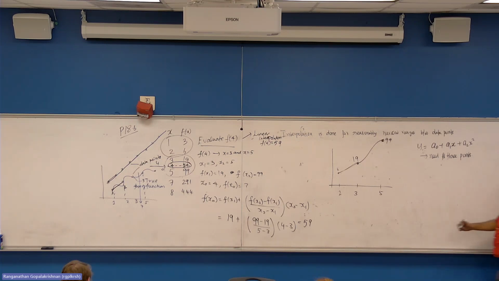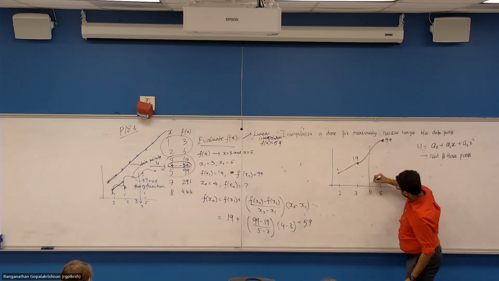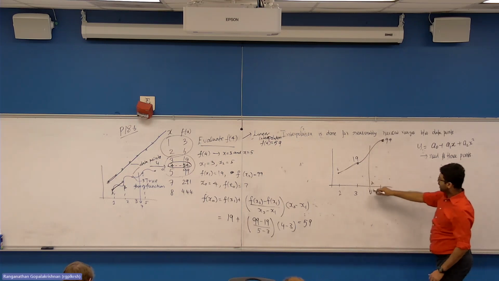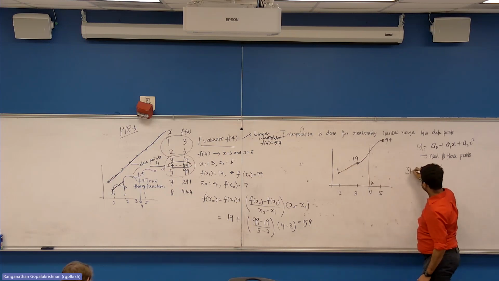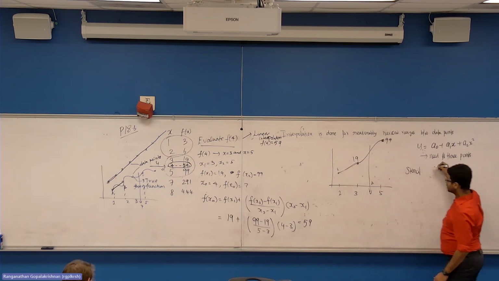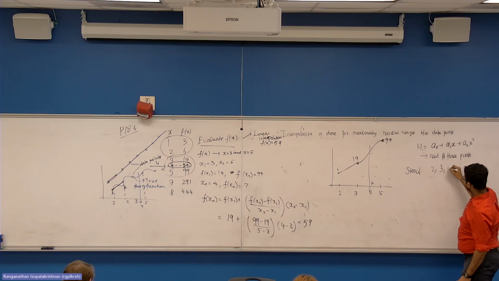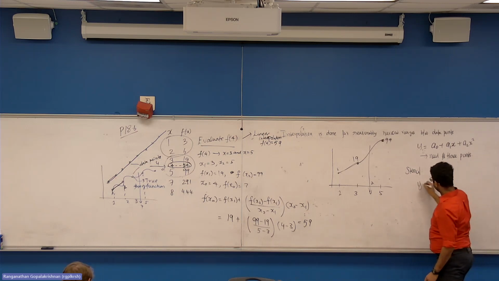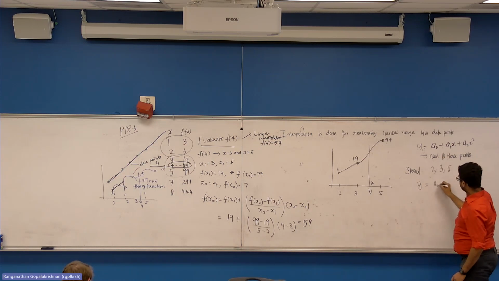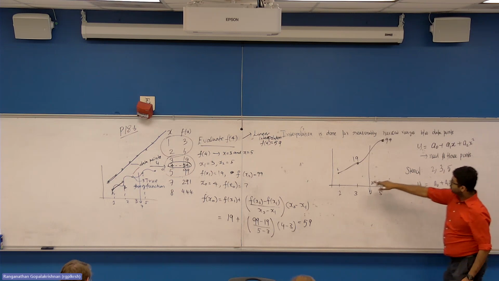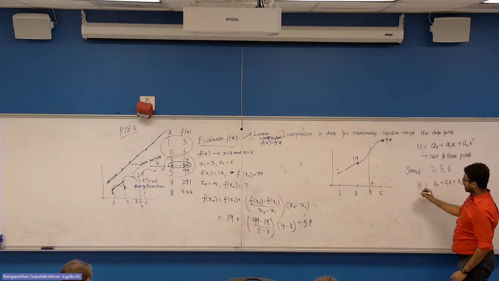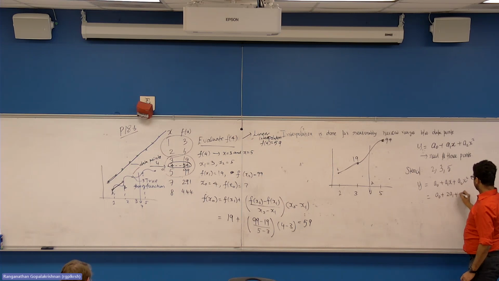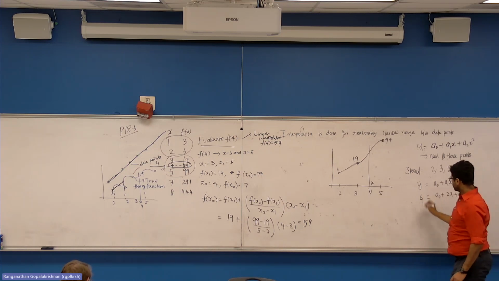Okay, so here is 4. To get f of 4, I can choose as my stencil 2, 3, and 5. So I can write y equal to a0 plus a1x plus a2x squared, and I can use the 3 points. Let's say I use 2: a0 plus 2a1 plus 4a2 equal to 6.